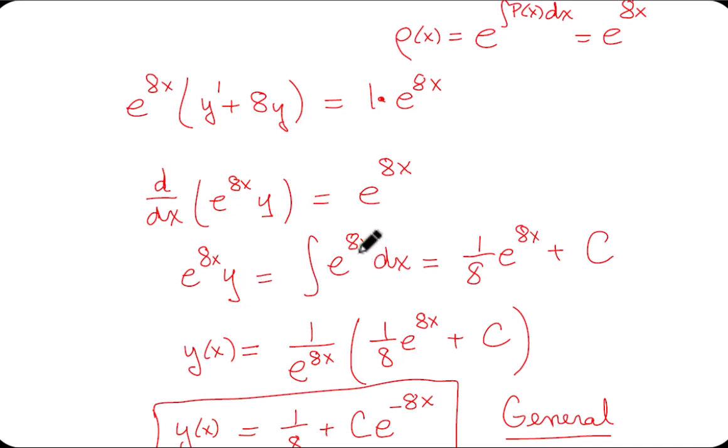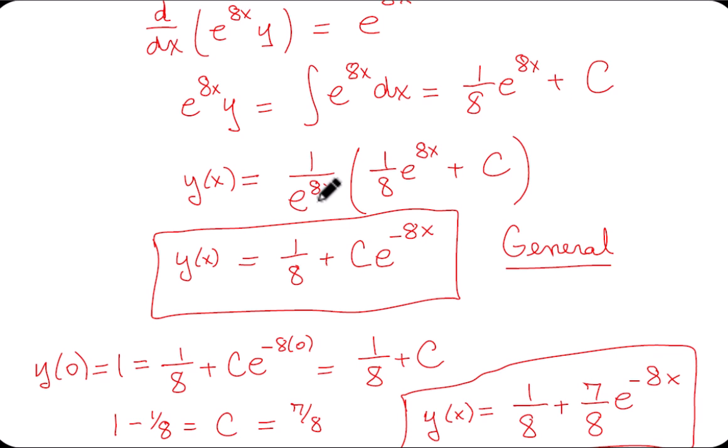To integrate e to the 8x, we use integration by substitution. u is 8x, so I pick up a constant of 1/8. To get y by itself, divide both sides by e to the 8x and distribute. The e to the 8x cancels, and I get c e to the minus 8x because it's in the denominator.